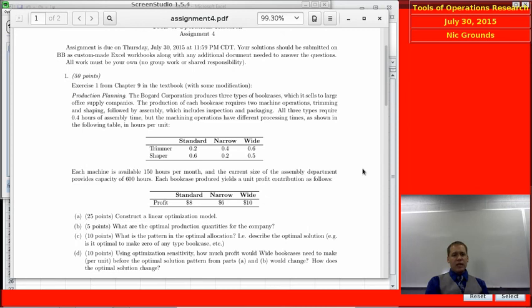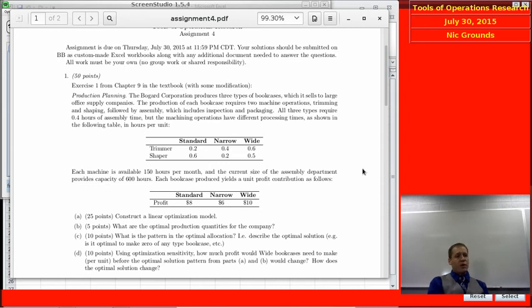And so just given that information alone, the first 3 questions we would always ask are: what are the decision variables, what is the objective, and what are the constraints? Okay, the decision variables in this case, hopefully everybody was able to figure that part out. The decision variables are how many bookcases of each of the 3 types do we want to make.